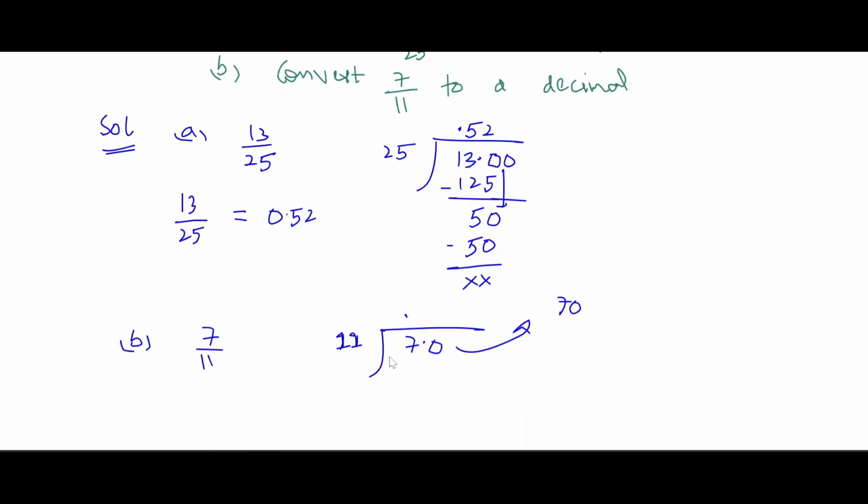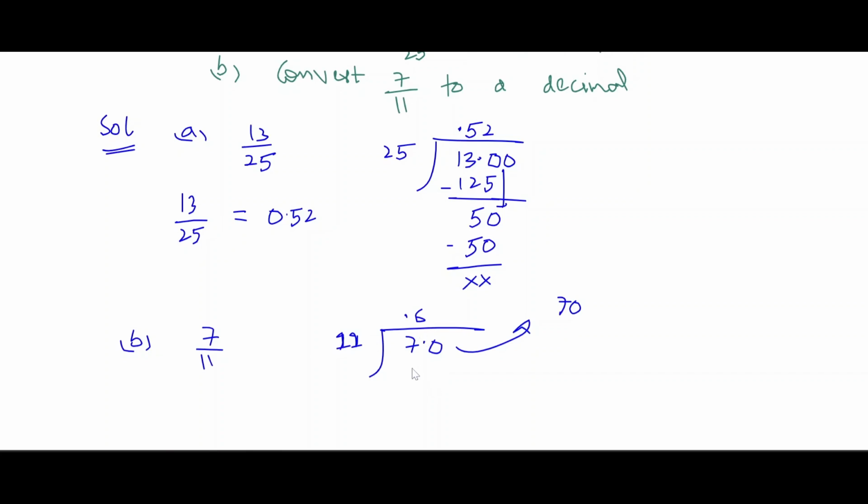So we will divide the 70. There should be a 6, 6 into 11. We want the whole number which can be subtracted from 70, which should not be greater than 70 but should be less than 70 and nearest to 70.